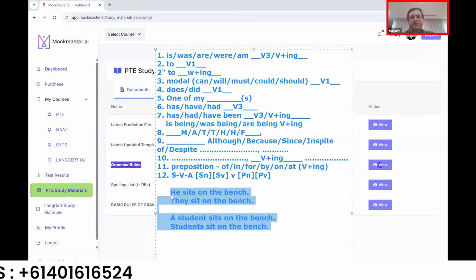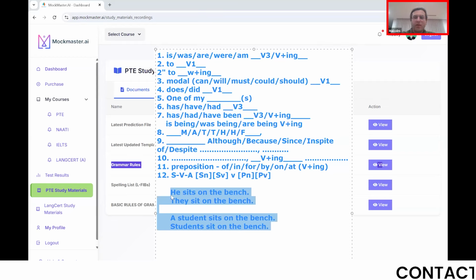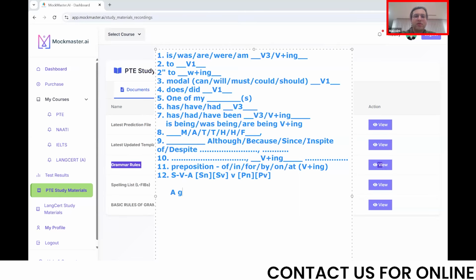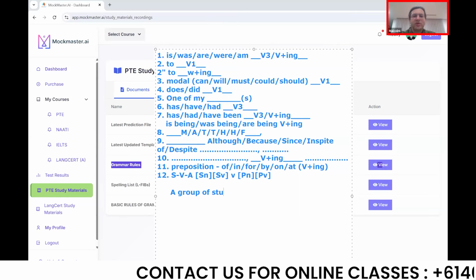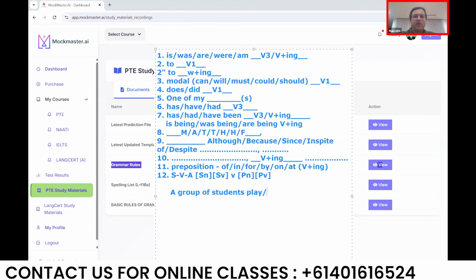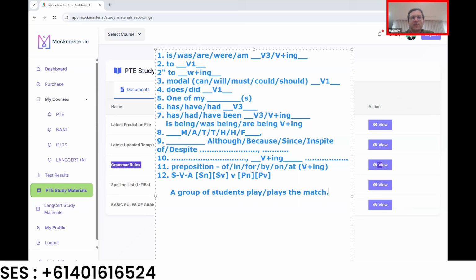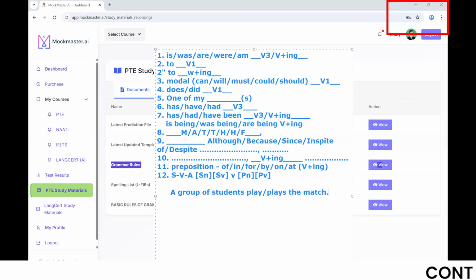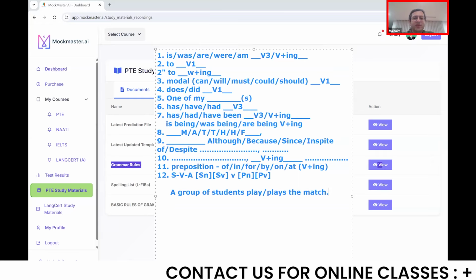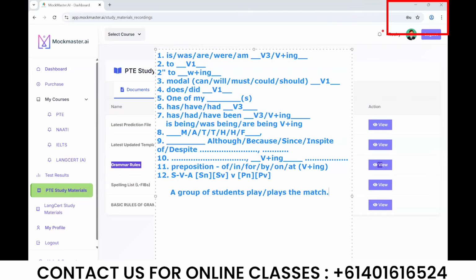For example, a group of students play or plays the match. Which is the correct word? Which is the main subject over here in this sentence? Group.